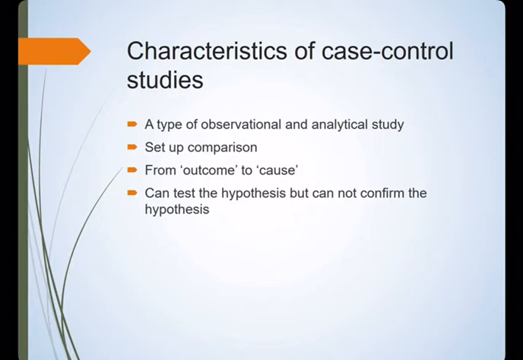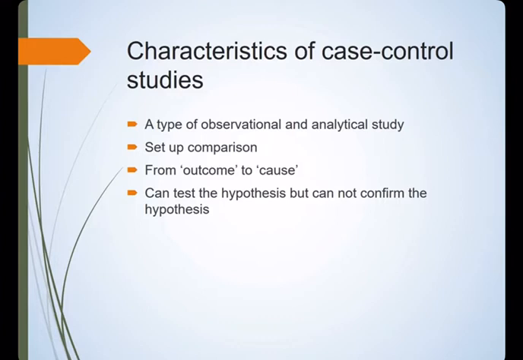The third characteristic is the process from the outcome to the causes. We first define the disease outcome, so we know who has the disease and who does not. Then, retrospectively, we look at the cause of the disease, that is, the exposure. So the direction of this study design is from the outcome to the causes.